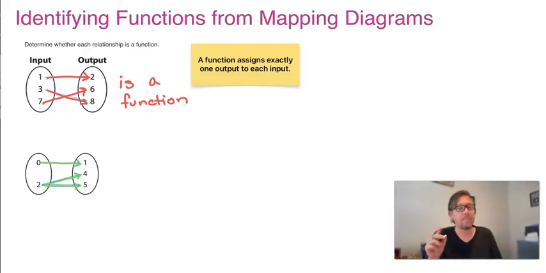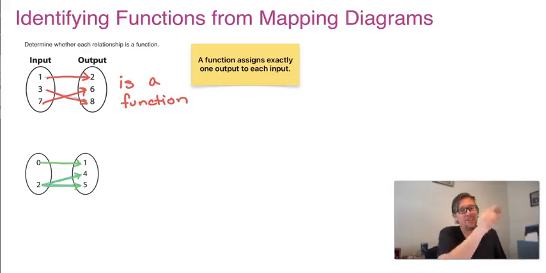So we have one input, input number 2, going to 2 different outputs. 2 goes to 4 and 2 goes to 5. So we have one input that is assigned to 2 different outputs. This is house key number 2, my house key, opening 2 different houses. It opens house number 4 and it opens house number 5.